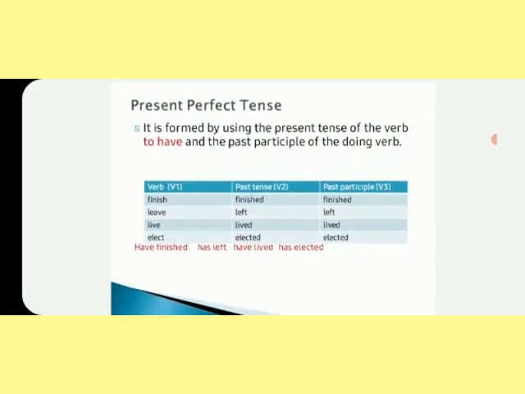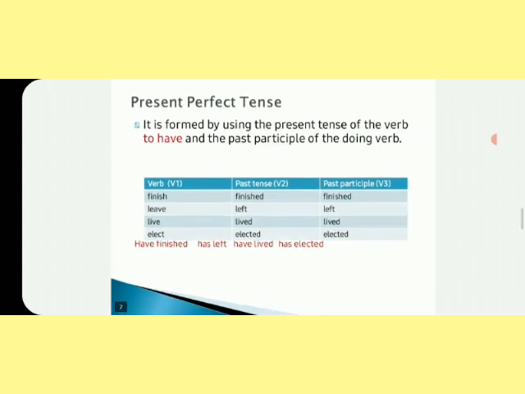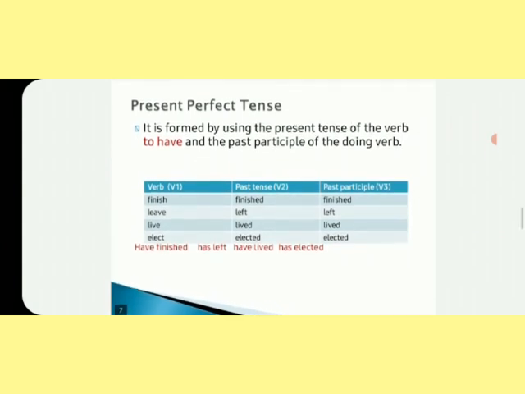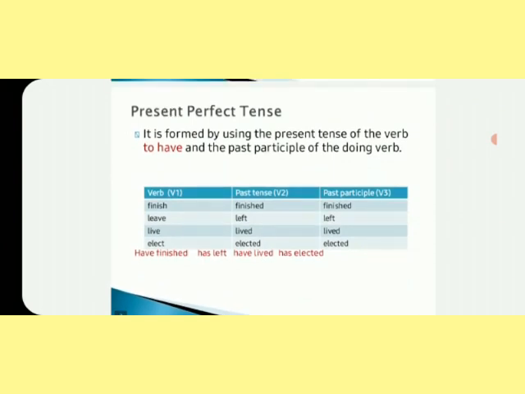Now what you have to remember is how do we form the present perfect tense. It is formed by using the present tense of the verb to have and the past participle of the doing verb. That means verb 1, verb 2, verb 3. So verb 1 is base form, verb 2 is past tense, and verb 3 is participle form.